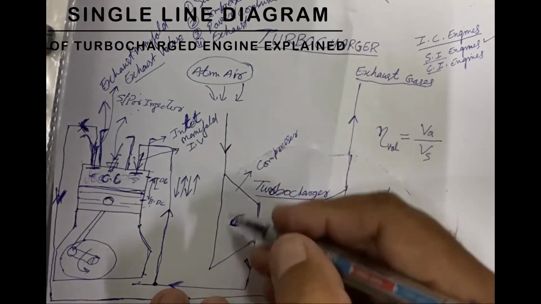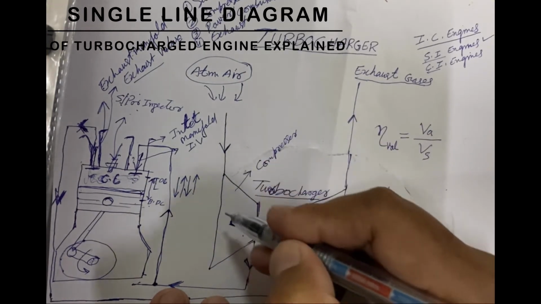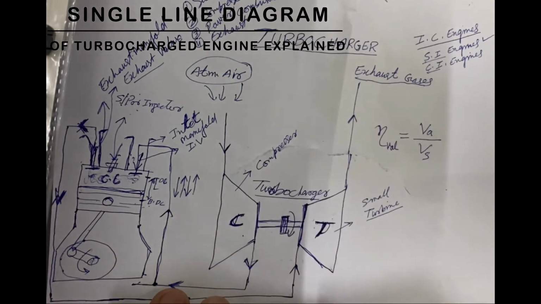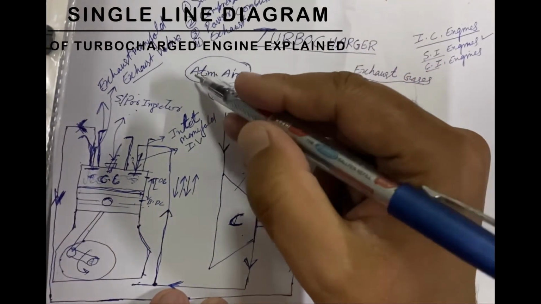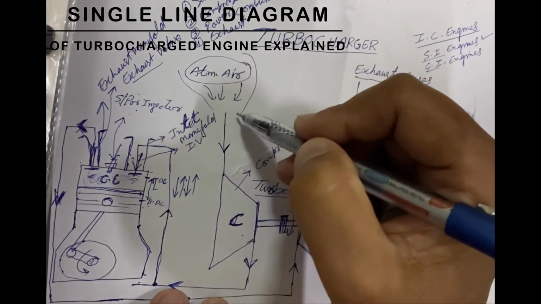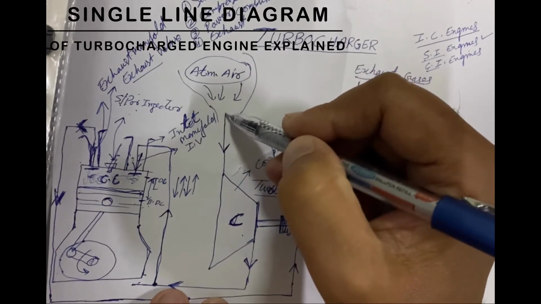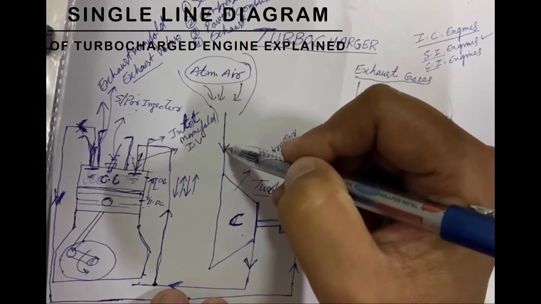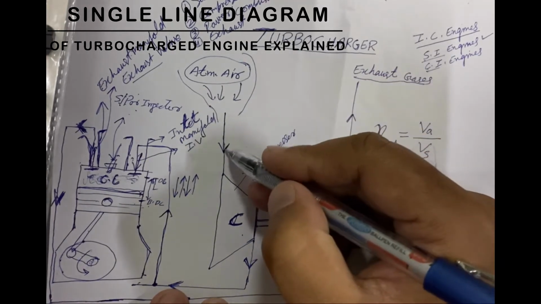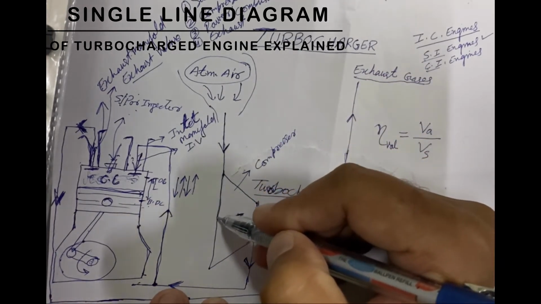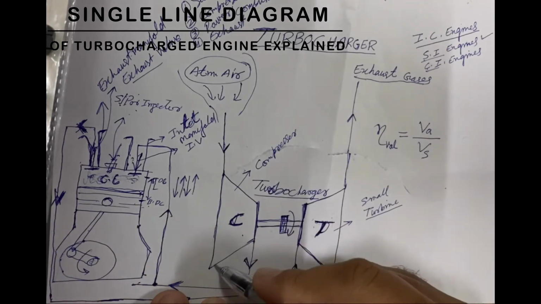As you know, the function of the compressor is to increase the pressure of the inlet air. This is atmospheric air. When this atmospheric air is sucked through the intake system of the engine, it first of all gets compressed in this compressor.